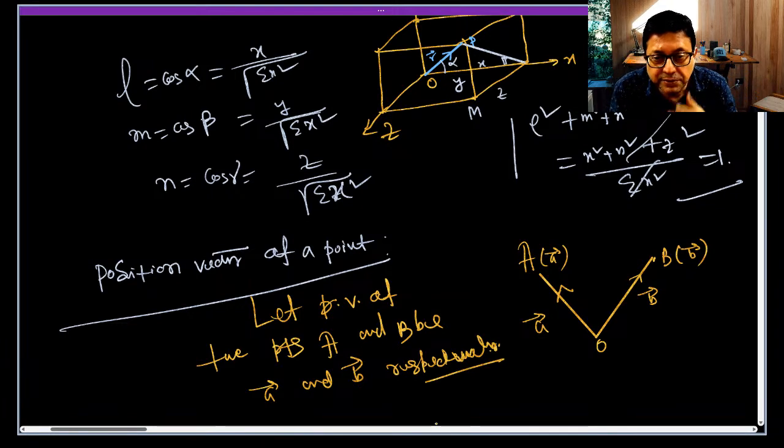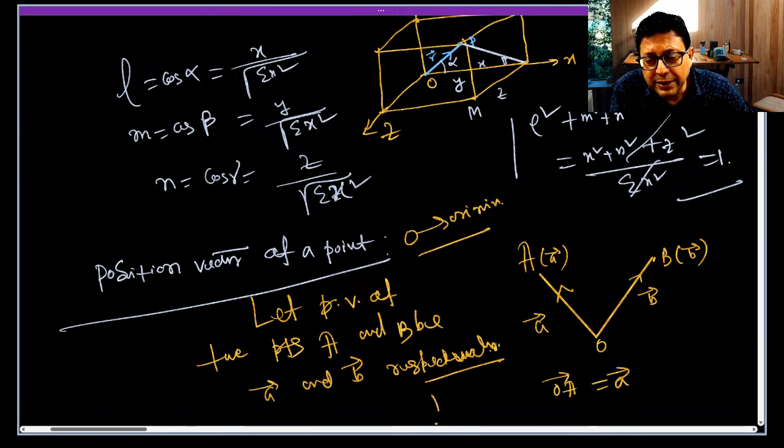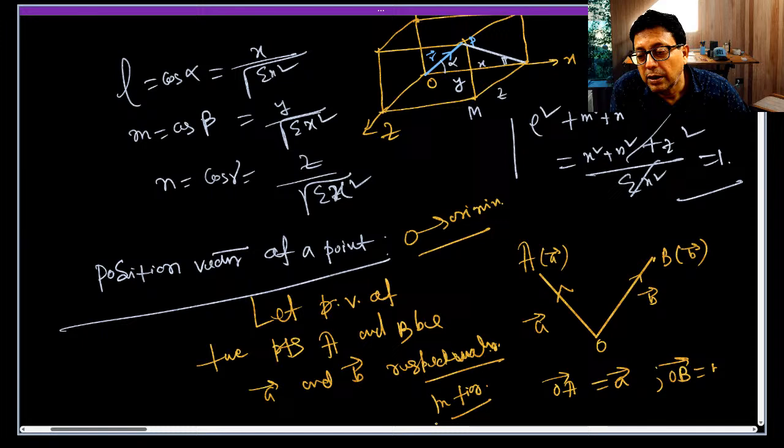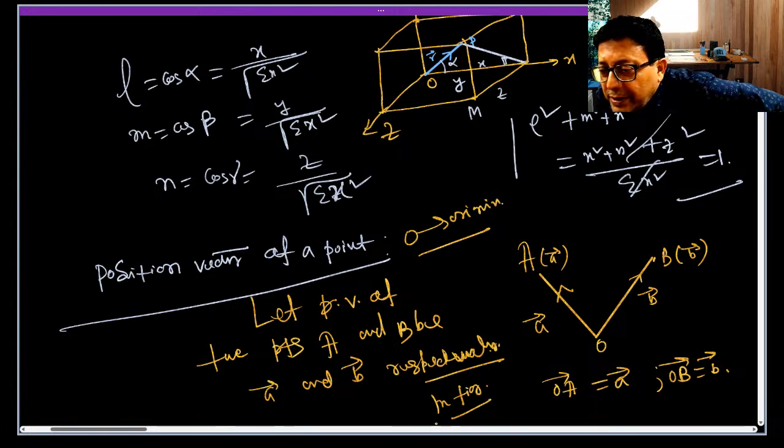Then O is the origin. O stands for origin. Position vector of A, you have taken a. So OA should be a, and OB should be b vector. OA is a vector and OB is b vector.